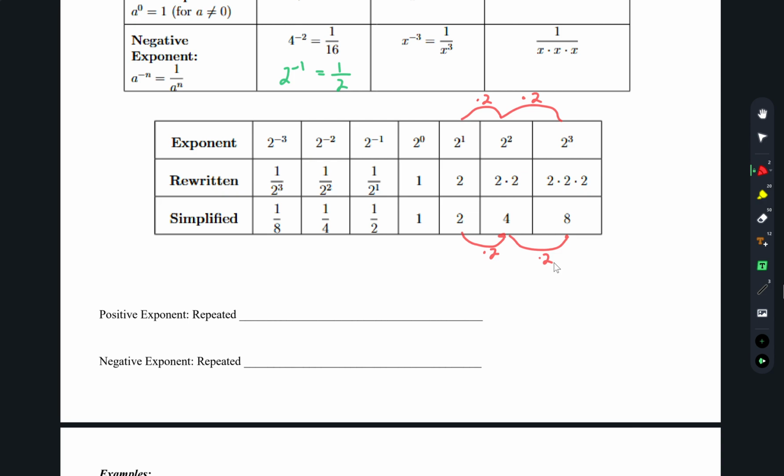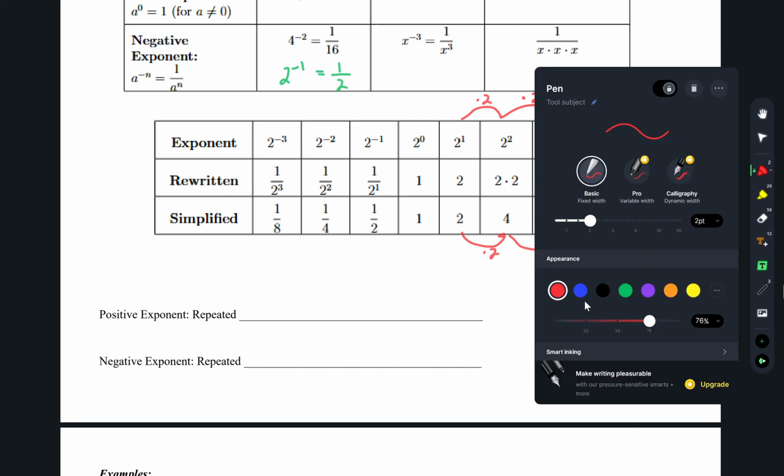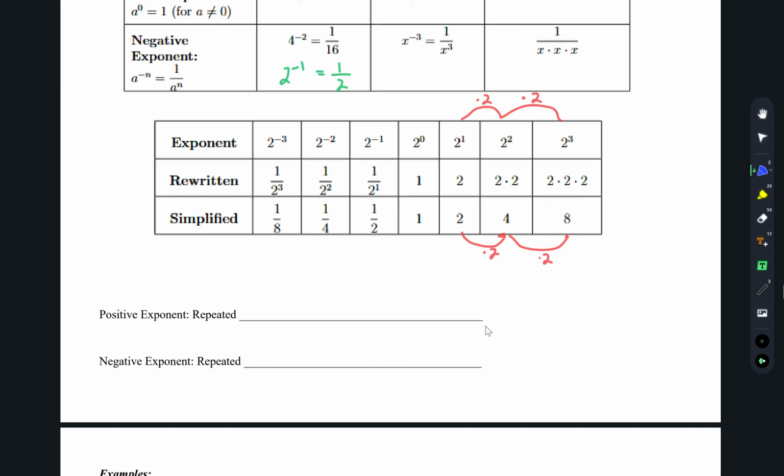If you think of it backwards, starting at 8 and going to 4, it would be divide by 2. Same thing, divide by 2 each time. 8, 4, 2, divide by 2 is 1, divide 1 by 2, you get a half. So going the opposite way is division each time. Divide by 2 or multiply by a half is another way to think about it.